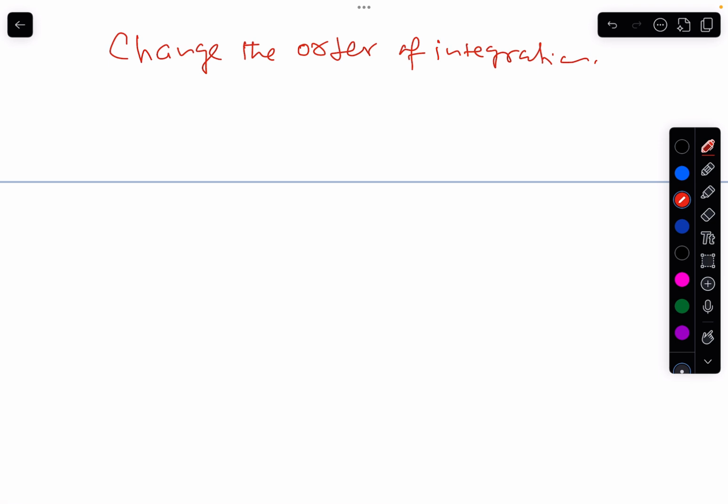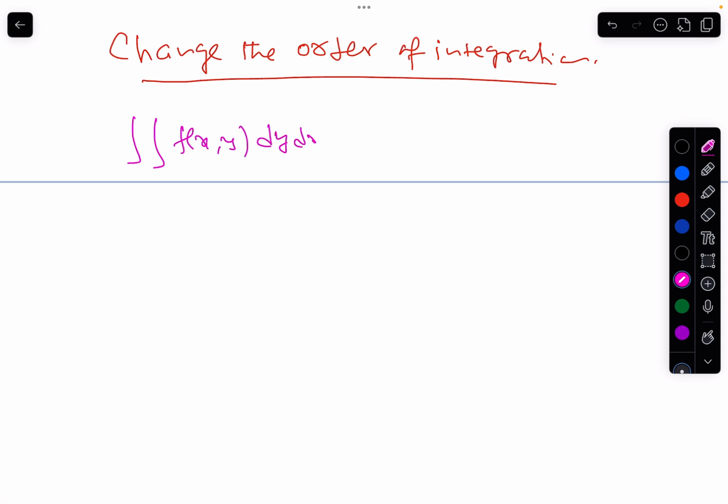Now here you are given, say, double integration f(x,y) dy dx. That means the limit of y is f1(x) to some f2(x), x equal to say a to b.